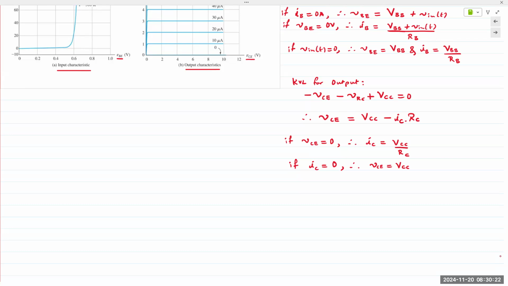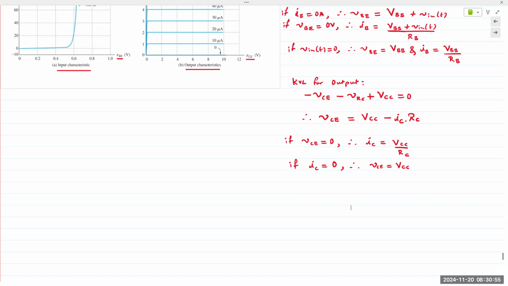Output voltage goes directly to VCC. Some groups, when we were doing the lab, if you remember, didn't apply an AC signal and obtained a flat line at VCC on the output. That is why. If there is no input, then collector current IC is 0, and your output goes to max VCC, a flat line.